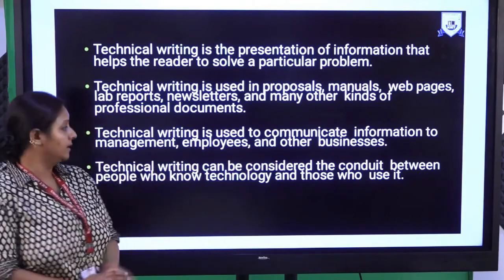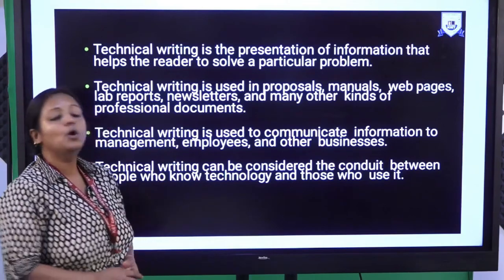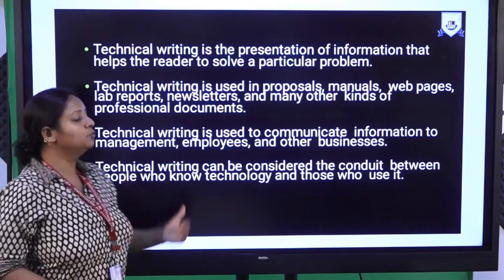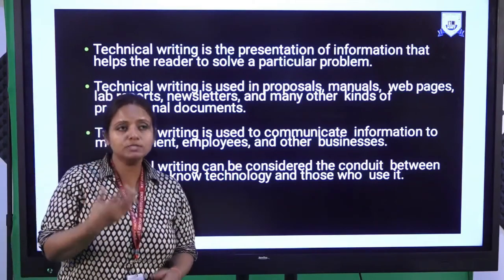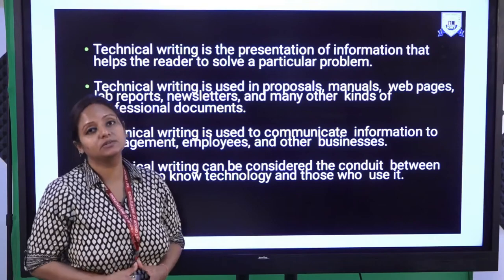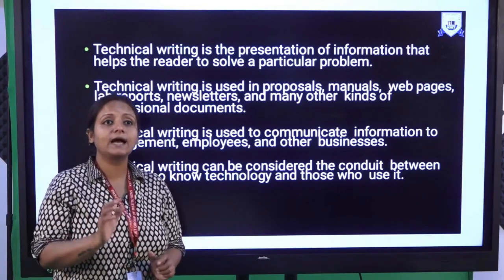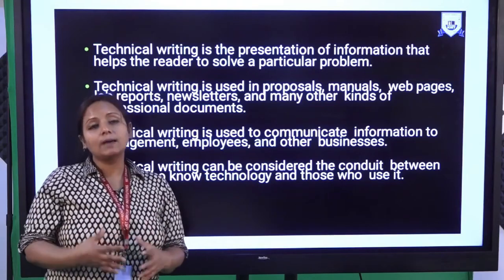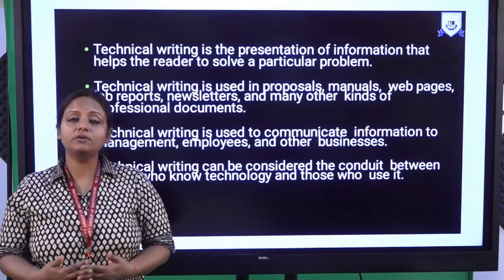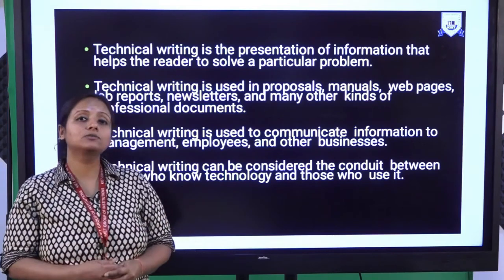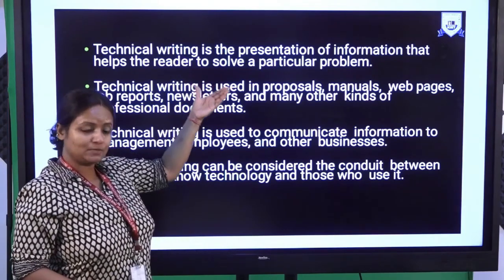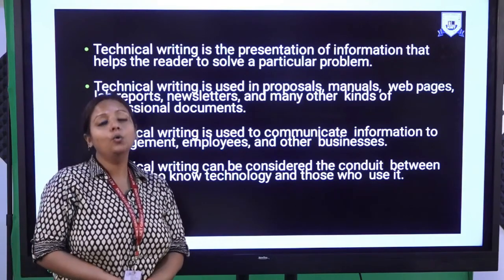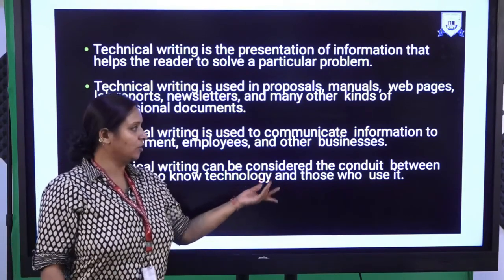Technical writing can be considered a conduit, that means to flow, to channel between people who know technology or who use it. Since we are dealing with engineering students, the focus is that there is a general communication and there is a technical communication. The subject is technical communication, so whatever we are discussing, whether it is writing also, we are discussing with the technical aspect. That is why we say technical writing is for the use of people who are adept with technology.